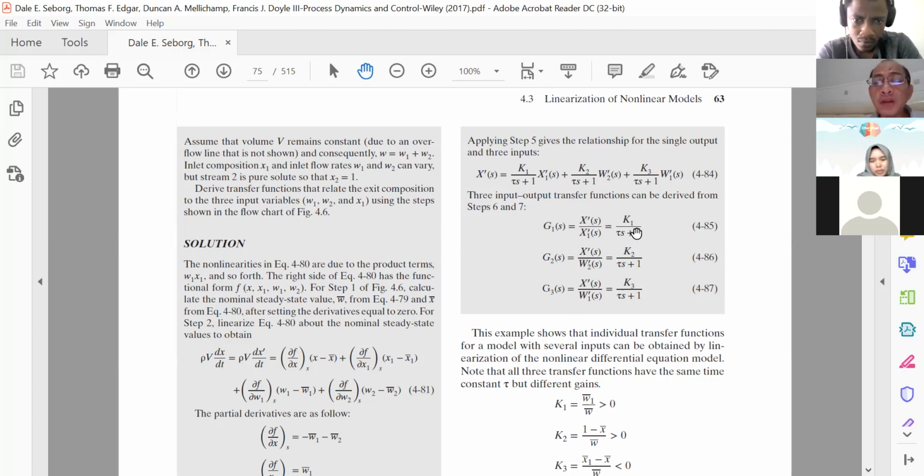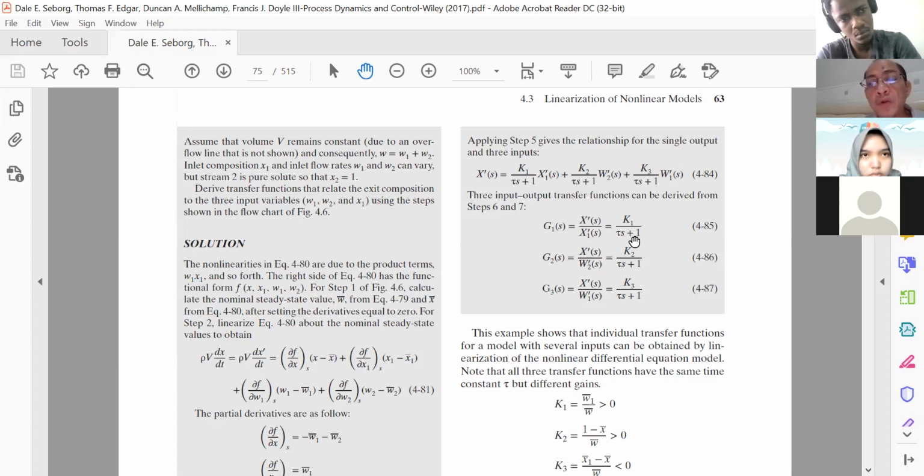Now when you add them together, you have x prime equal to g1 times w1 prime, x prime equal to g2 times w2 prime, and then x prime equal to g3 times w1 prime.